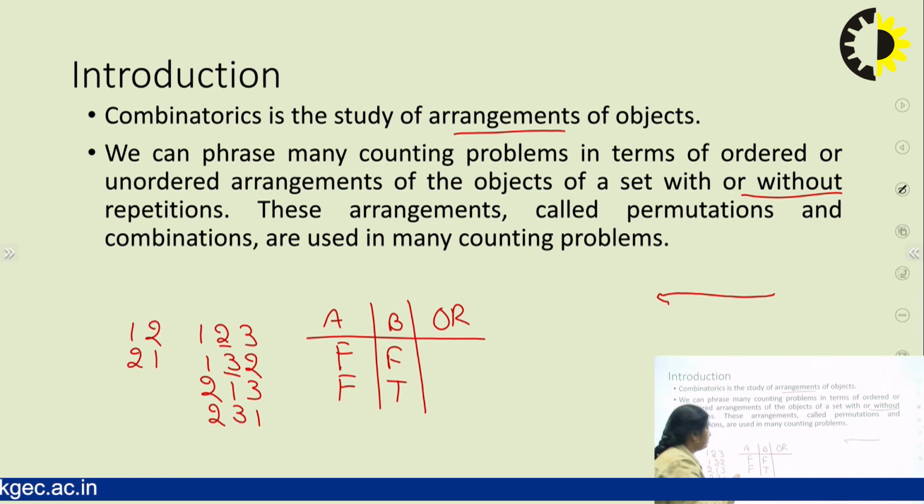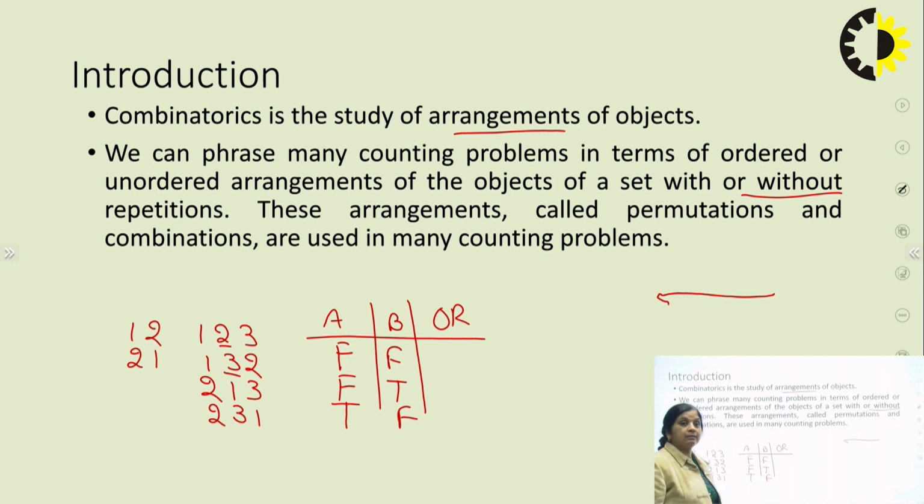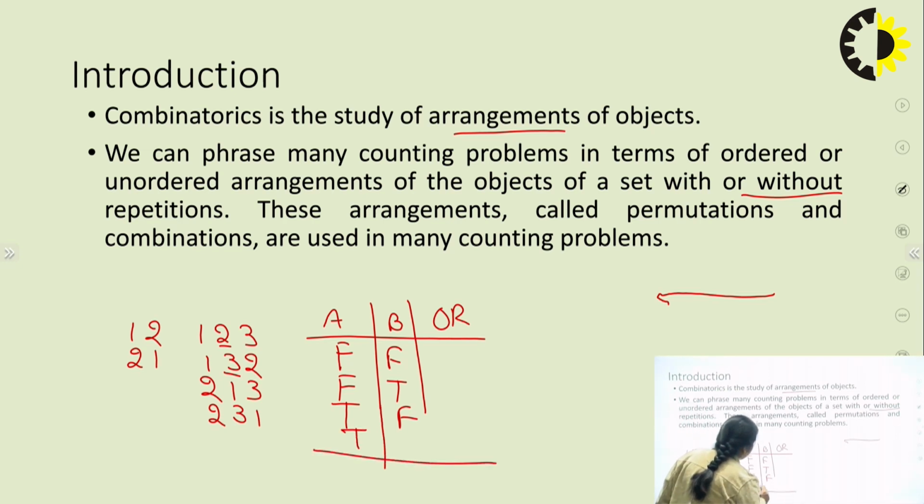The other way around, A can be true and B false, and the last is both can be true. So I have different possibilities of input combinations. I have this counting problem, and we see that we have 4 arrangements.